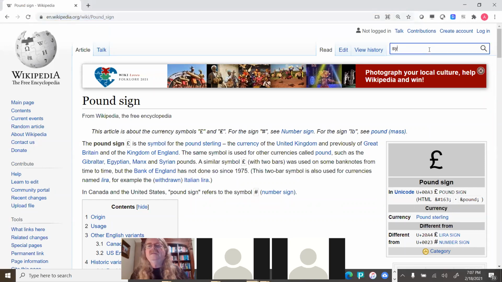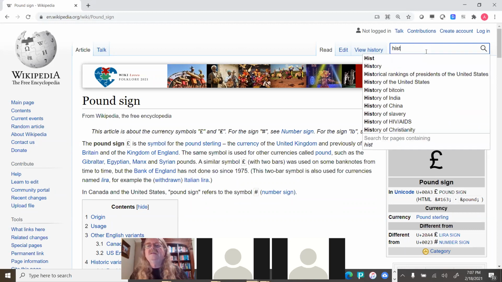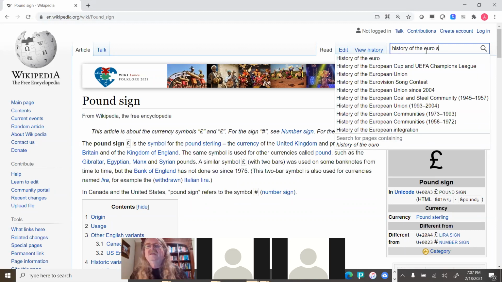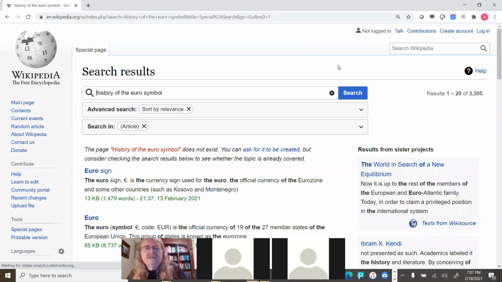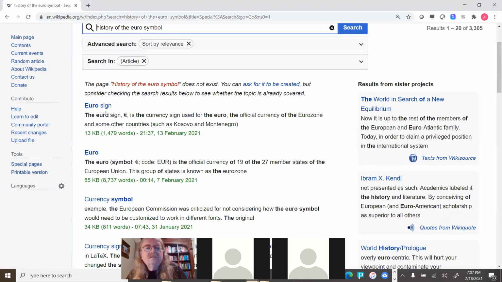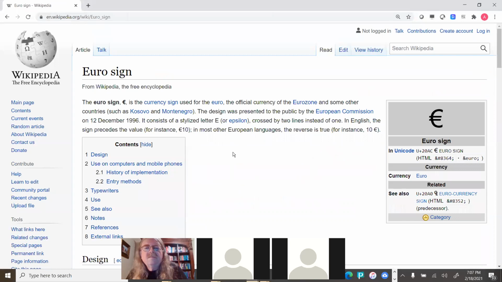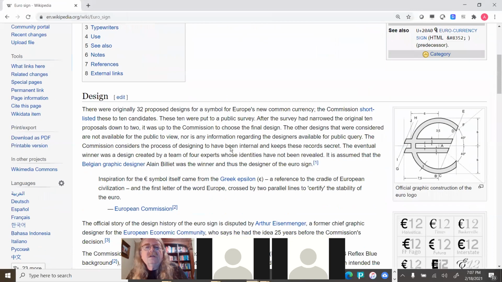Symbol of the euro, or history of the euro symbol. The design was presented to the public by the European Commission on December 12, 1996. And this is the one.